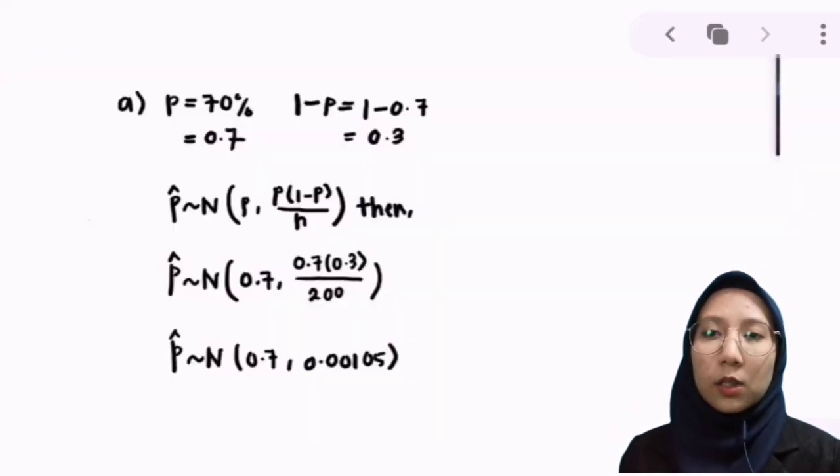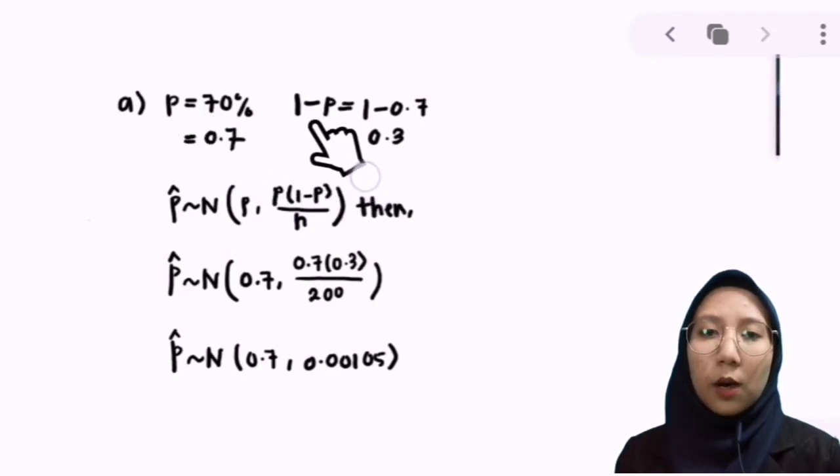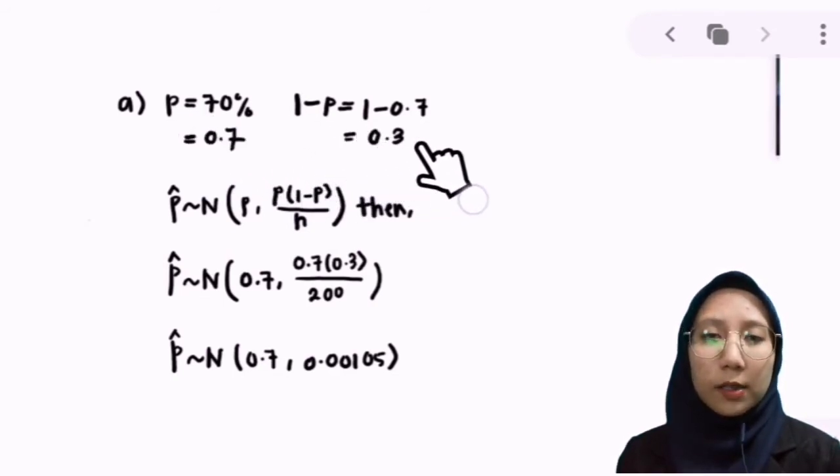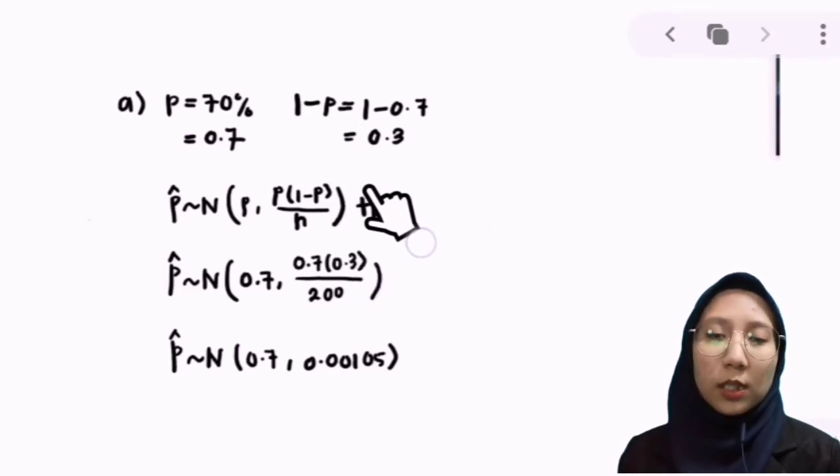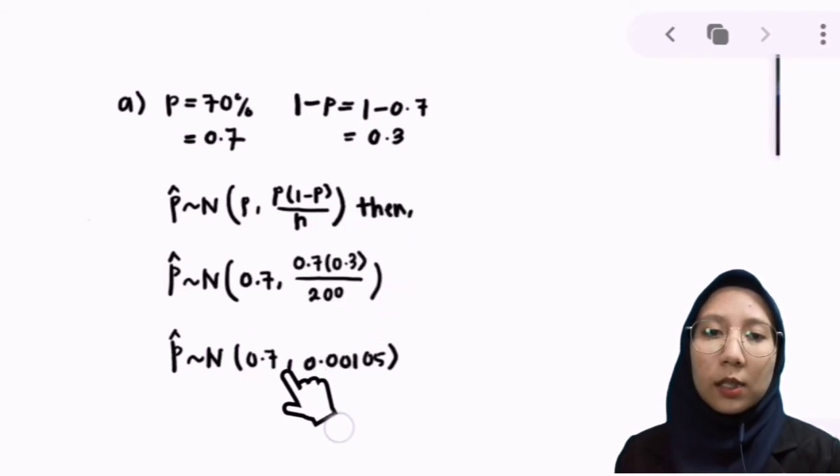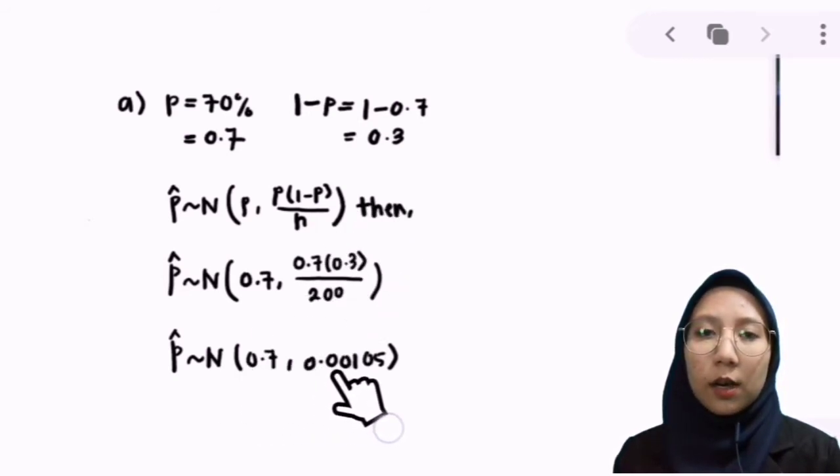As we know, P is 70%, so we get 0.7 for P, and then 1 minus P we will get 0.3. And we use this formula to find the sampling distribution of the sample proportion. And lastly, we will get this answer for the sample proportion of the consumers who like nuts or caramel in their chocolate.